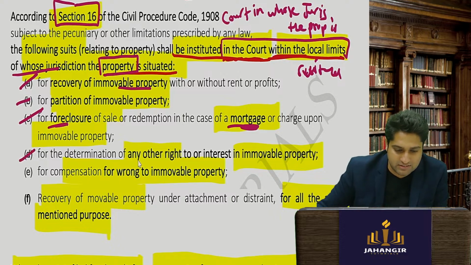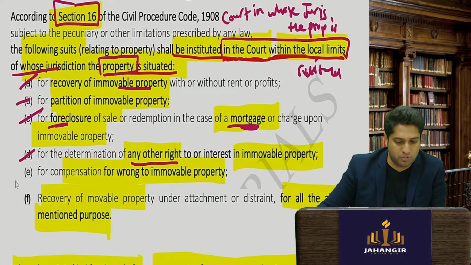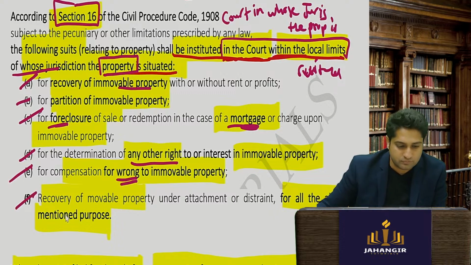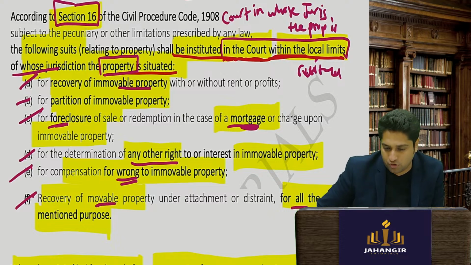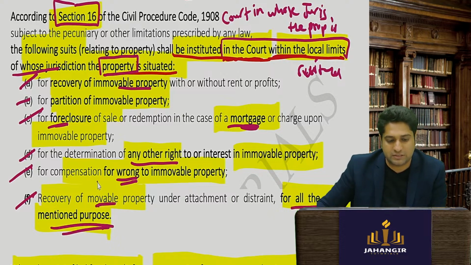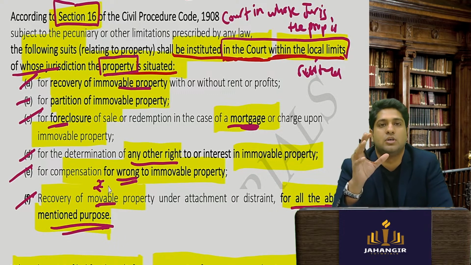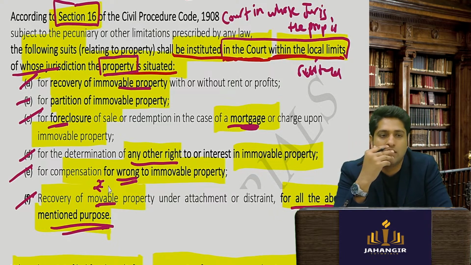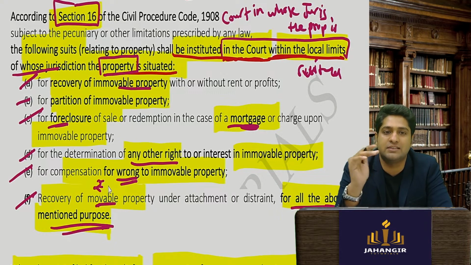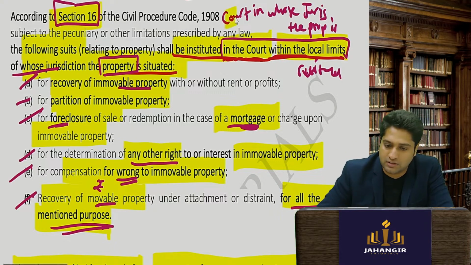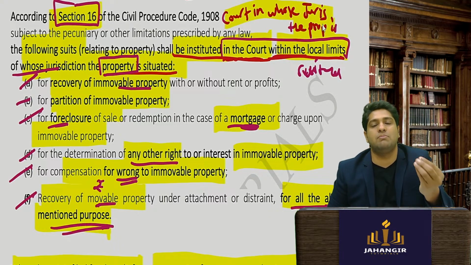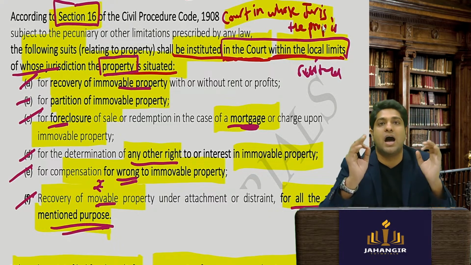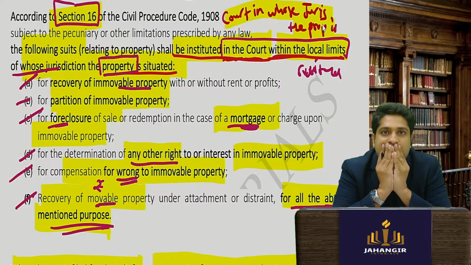Any rights of anyone with respect to immovable property, compensation for wrong done to immovable property, and recovery of movable property. Movable property means money, so rent coming out of immovable property is movable property. So all these are the types of disputes, but where will you file the case? You will file the case in the court where the immovable property lies or is situated. How simple is this? Very simple.